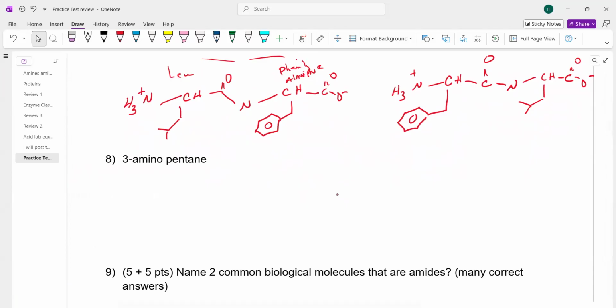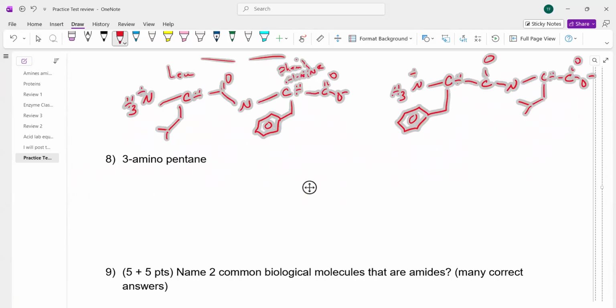Okay, we have aminopentane. So the backbone is 5 carbons.